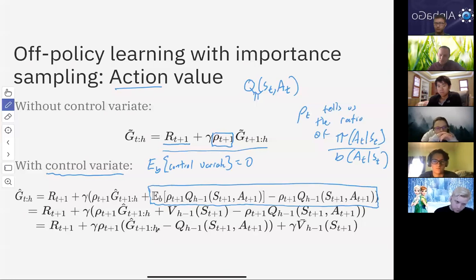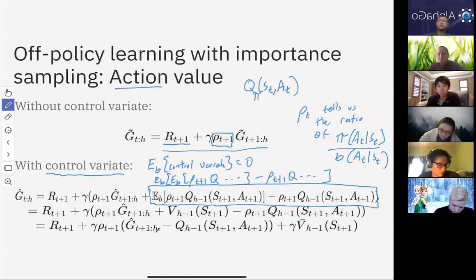And we're going to actually take an expectation of that. So we're going to take the expectation of the expectation minus rho t plus 1 q.